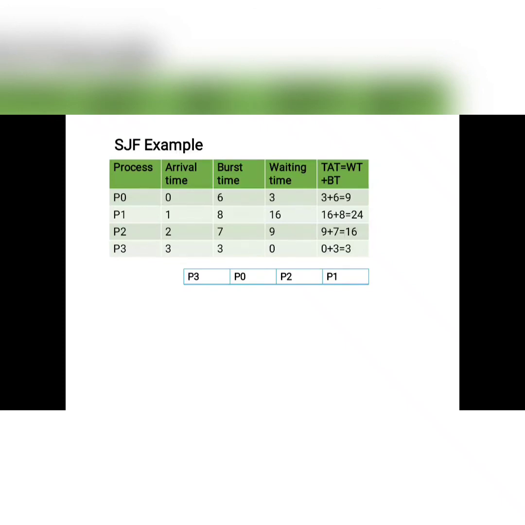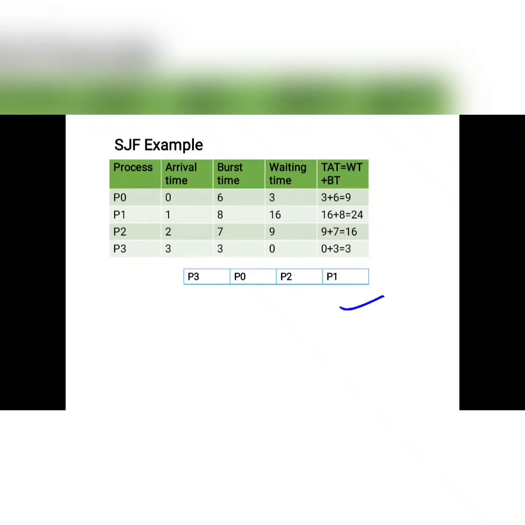That means we may need to find the waiting time of a particular process like P2, or the turnaround time of process P1, or the average waiting time, or the average turnaround time. Sometimes questions may also ask you to draw the Gantt chart. So like that, questions are sometimes asked in competitive exams or in GATE, NET, SET examinations.